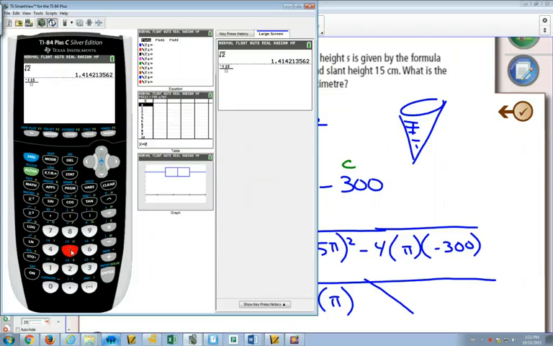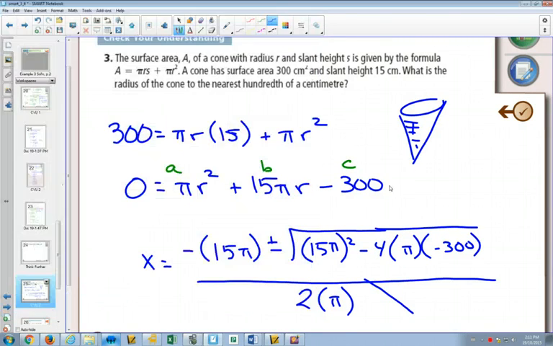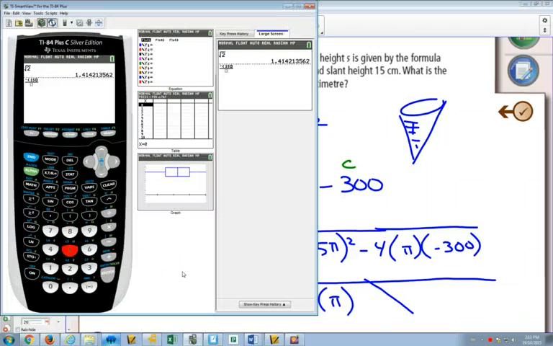So I have negative b, so I go negative, and then my b value was 15 pi. Was it 15 pi? Yeah. Negative 15 pi. Your pi button is right here, bracket. Now, since there's plus or minus, do one first with one sign.